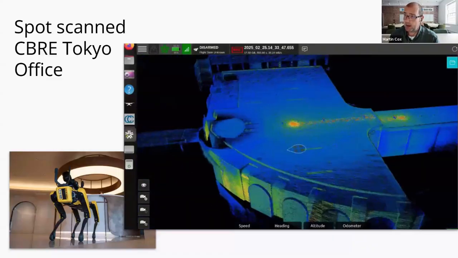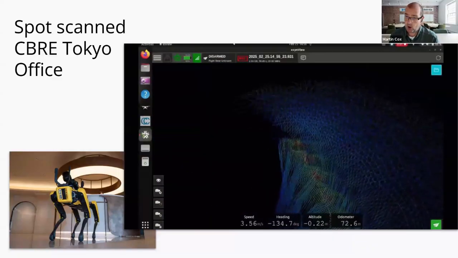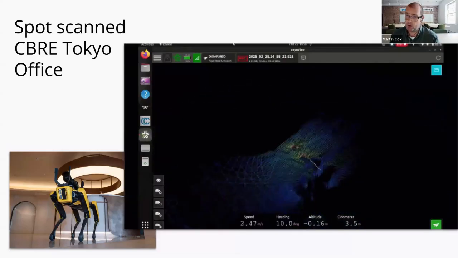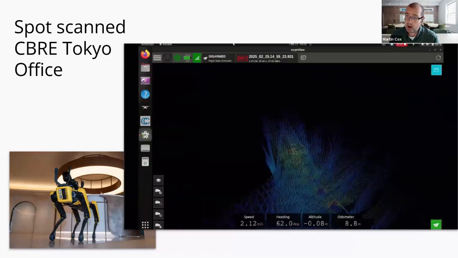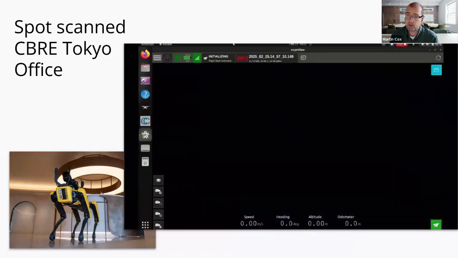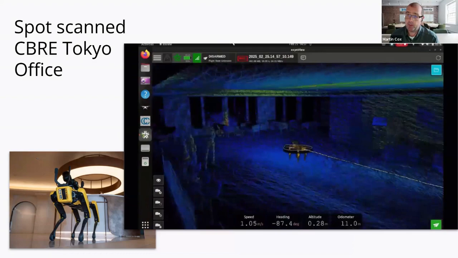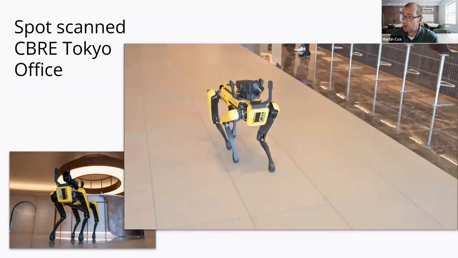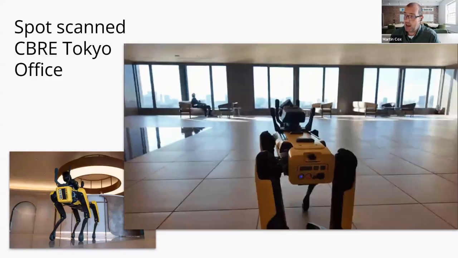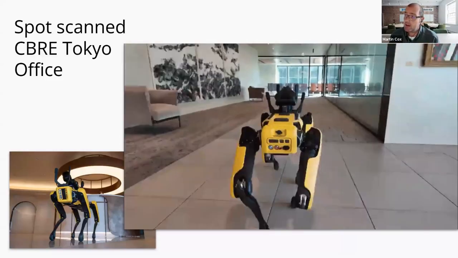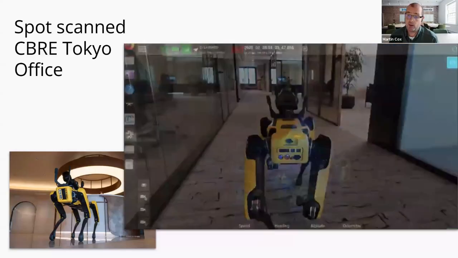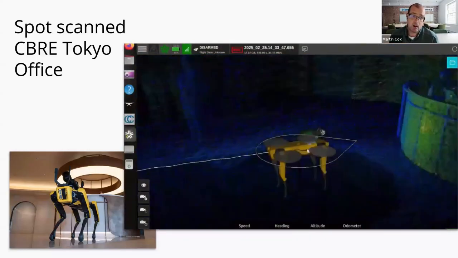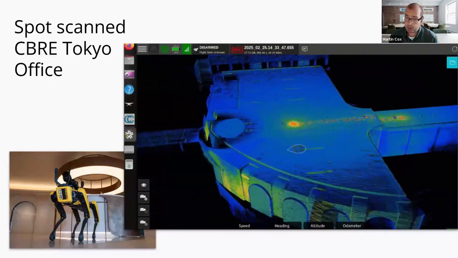This one was for a large office refurbishment project in Tokyo. Using Spot, they were able to scan the entire office floor and use the point cloud to develop the model in SketchUp. The space was then used to plan the new office and furniture layout. We can see in this animation Spot goes around, scans that entire space, and we come up with this large 3D point cloud that can be used in SketchUp.